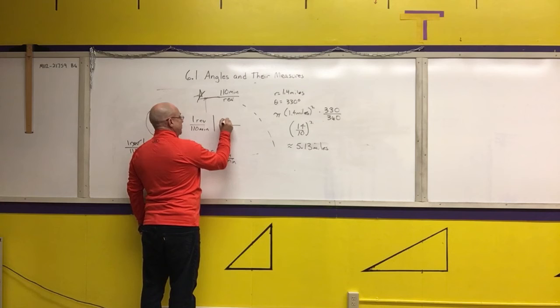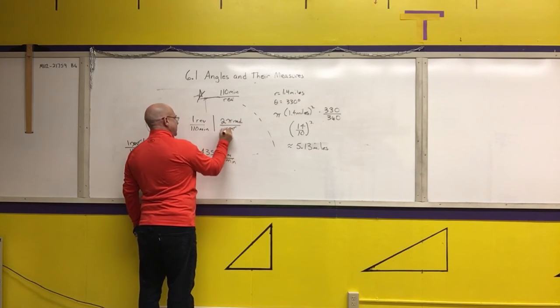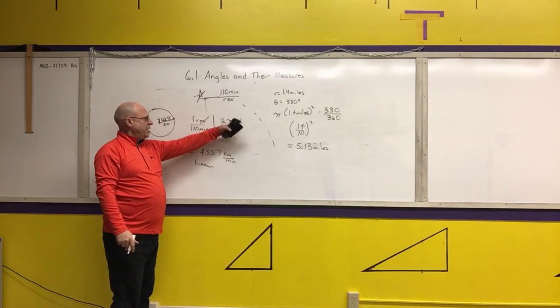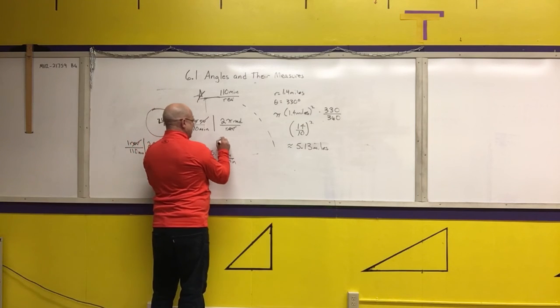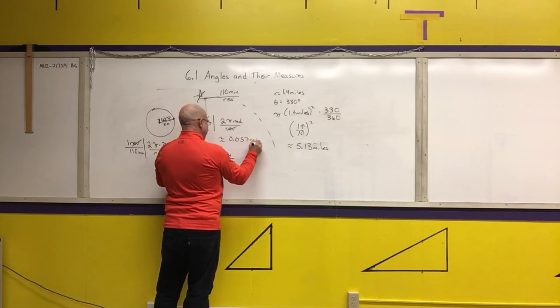Well, there is 2 pi radians per revolution. And I do 2 pi radians in 110 minutes. So that'll tell me how many radians per minute. So 2 pi divided by 110 is approximately 0.057 radians per minute. And this would be angular velocity.